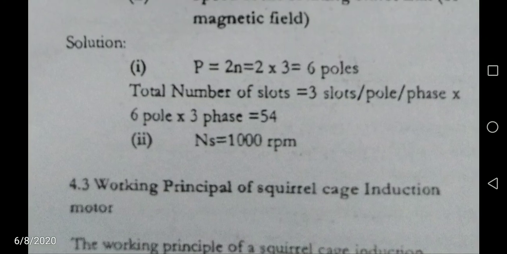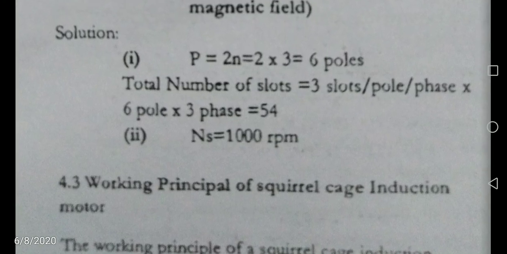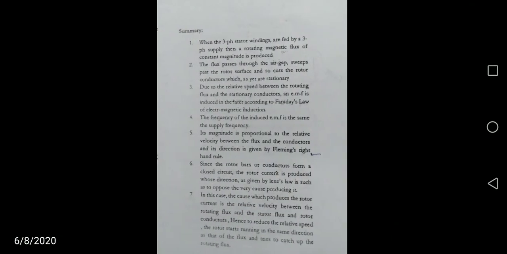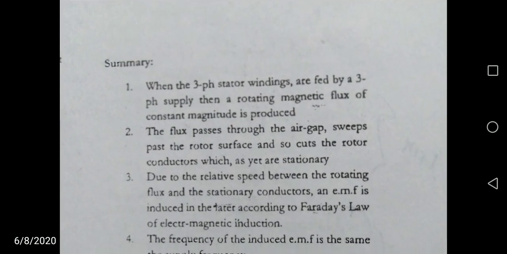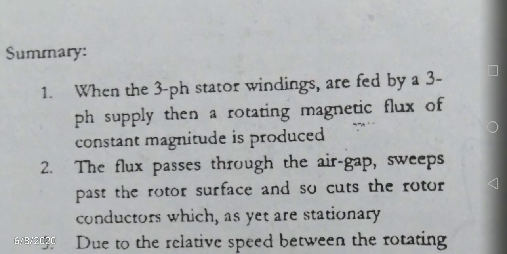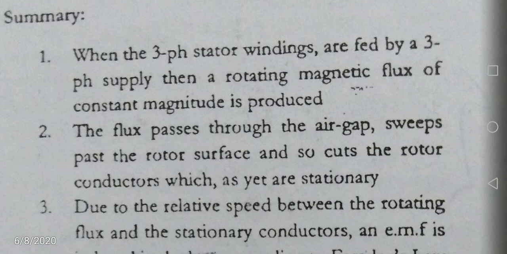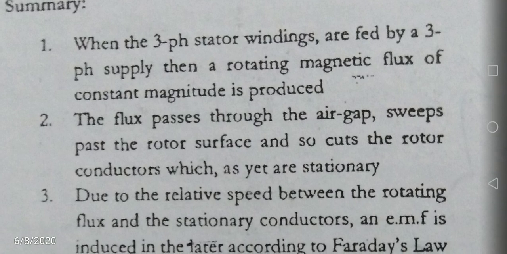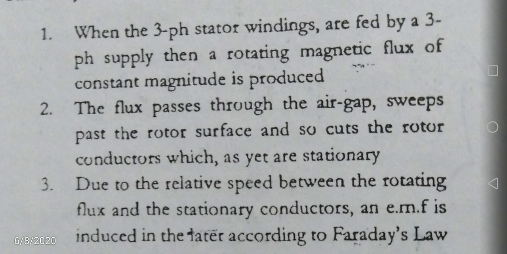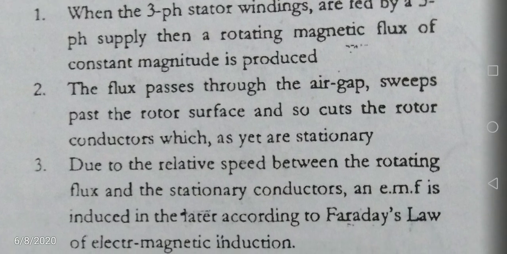Now the working principle of the squirrel cage induction machine. In the summary we can discuss the important points. When the three-phase stator windings are fed by the three-phase supply, a rotating magnetic flux of constant magnitude is produced.